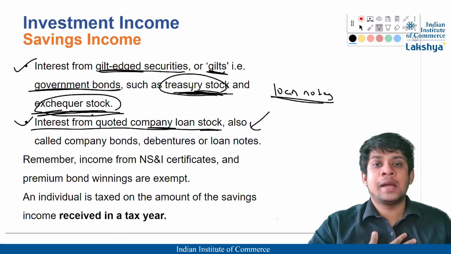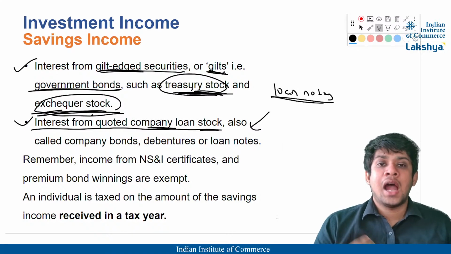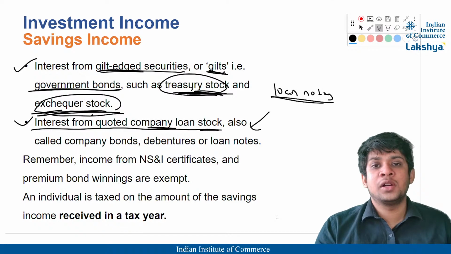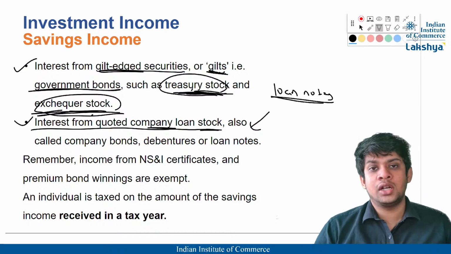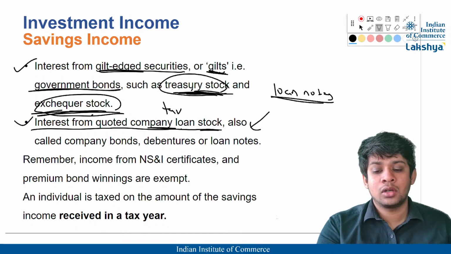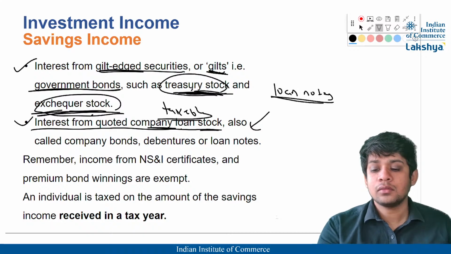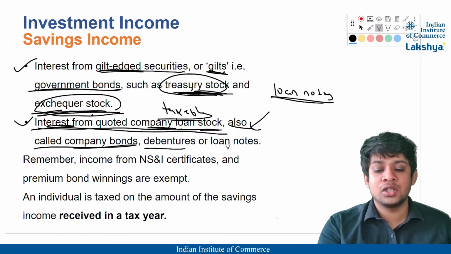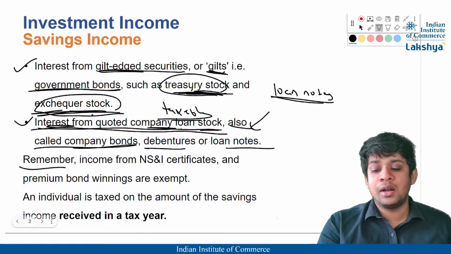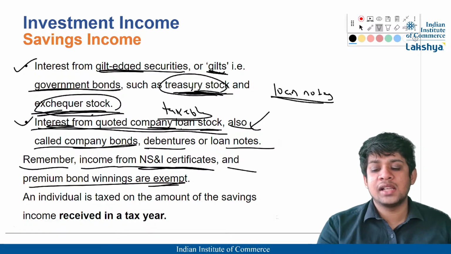If I am purchasing the loan notes, that means I am giving them a loan for the amount of purchase, and in return they will pay me the interest and the capital repayment on redemption. So I have the loan note with me and I will earn interest on it. Those are the quoted company loan stock, and those are taxable. Interest from quoted company loan stock, also known as company bonds, debentures, or loan notes, is all taxable. Remember, income from NSI certificates and premium bond winnings are exempt.